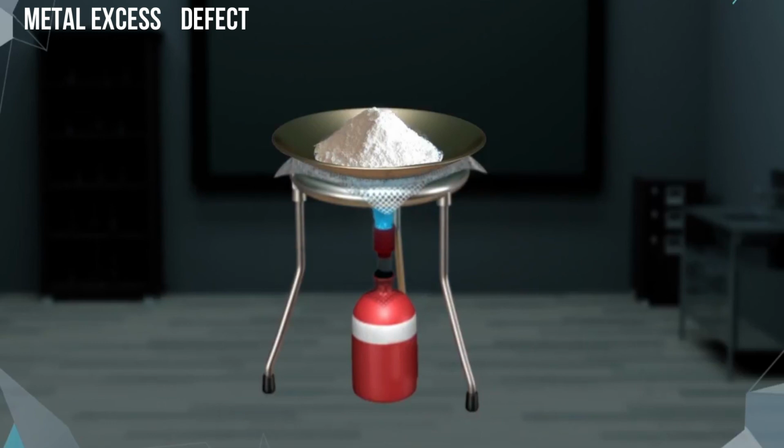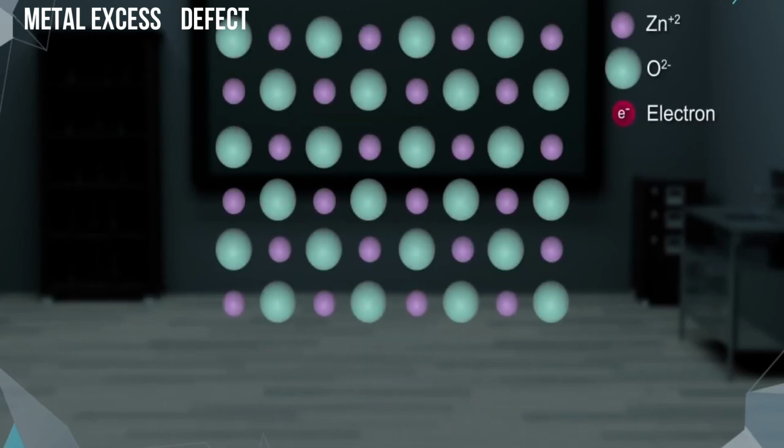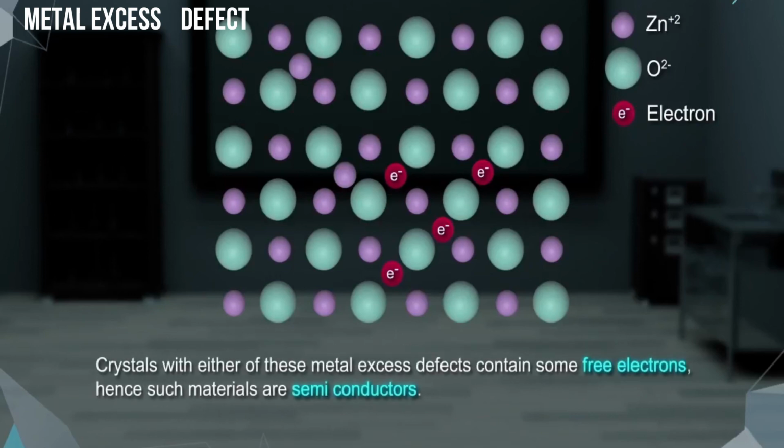When zinc oxide is heated, it loses oxygen and turns yellow in color. ZnO gives Zn2 plus plus half O2 plus 2 electrons. The Zn2 plus ions occupy the interstitial sites and electrons occupy the nearby interstitial sites to maintain electrical neutrality. Crystals with either of these metal excess defects contain some free electrons, hence such materials are semiconductors.